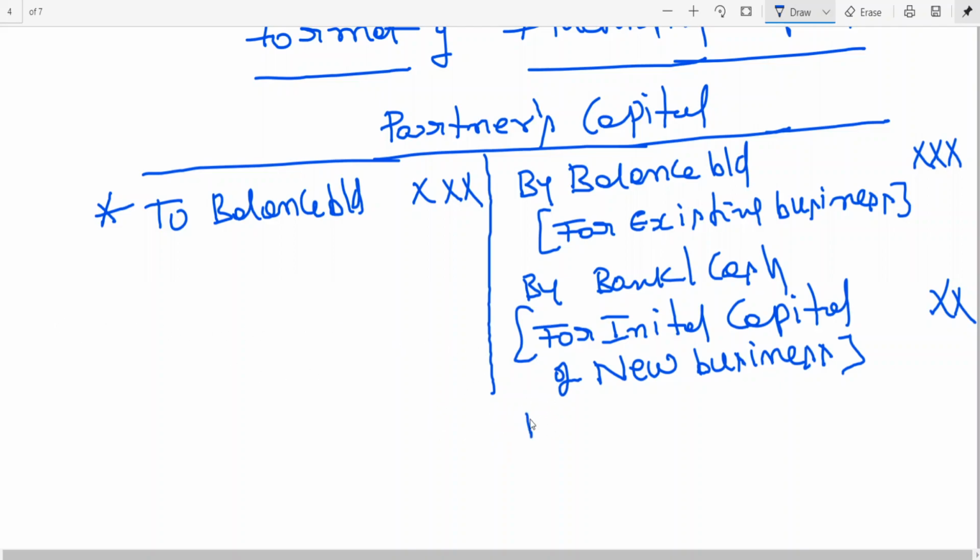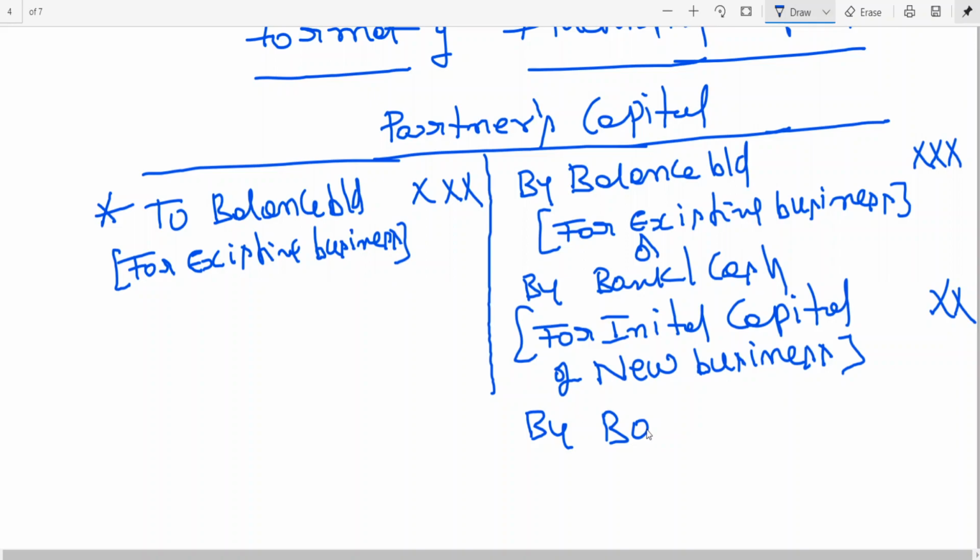Then by, here I am writing only one will appear. Opening balance or bank cash. I told you, for a new business you write by bank cash. For old business, it may show credit balance or it may show debit balance. This is also for existing business.